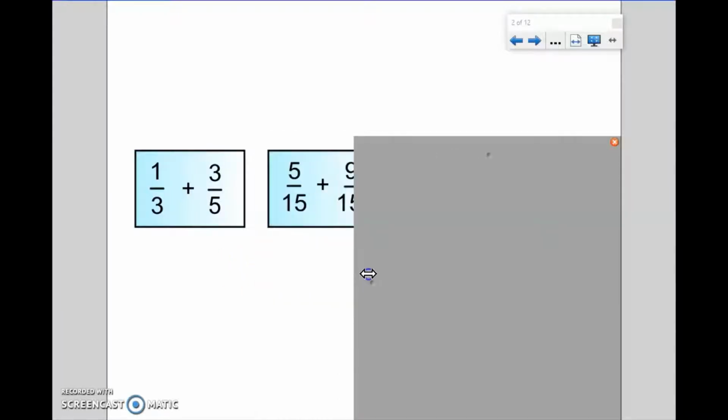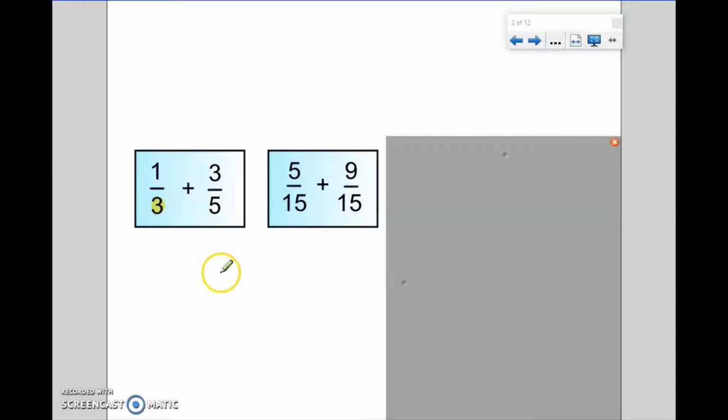Okay, so I'm going to make my question look like this. From 3, I've times by 5 to get 15, which is exactly what I've done to the 1 here, times it by 5 to get this numerator of 5. From 5, I've multiplied it by 3 to get the common denominator of 15, which is exactly what I've done to this. 3 times 3 gives me 9.